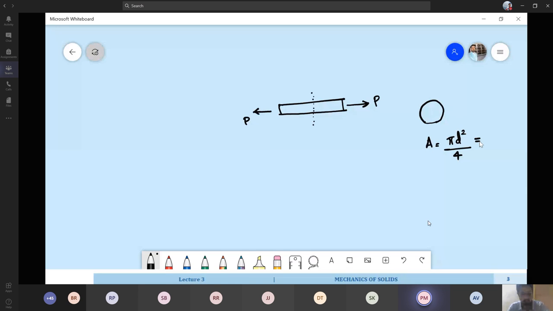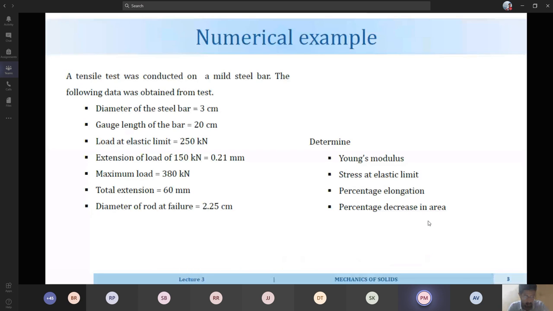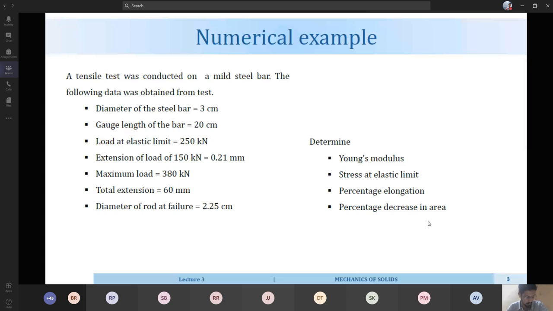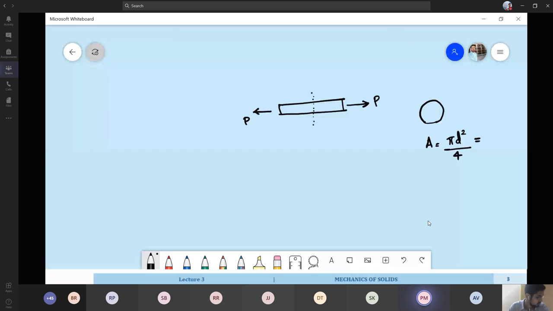It is 7.065 into 10 power minus 4, in meter square.